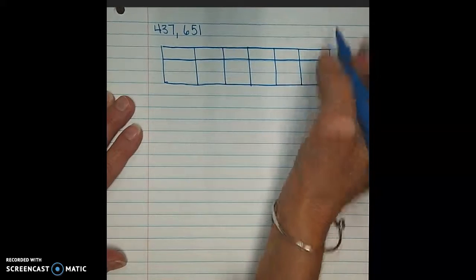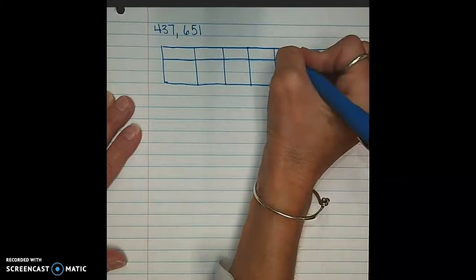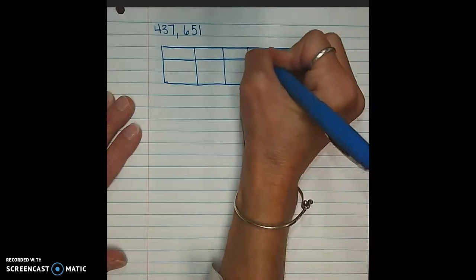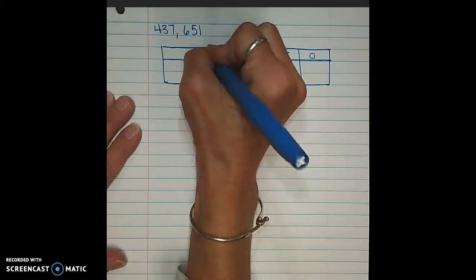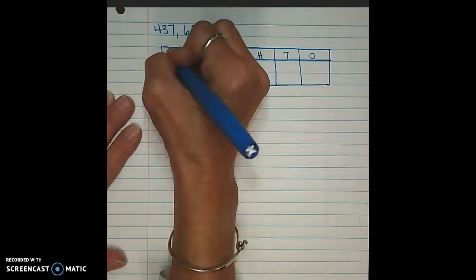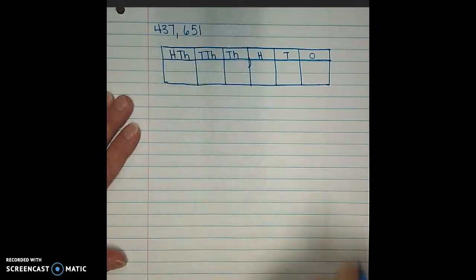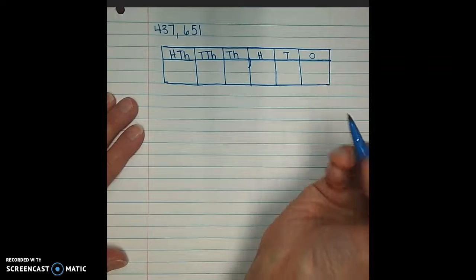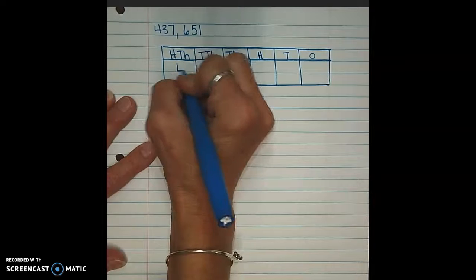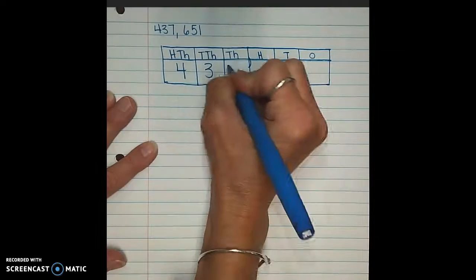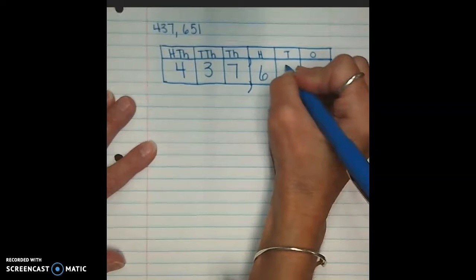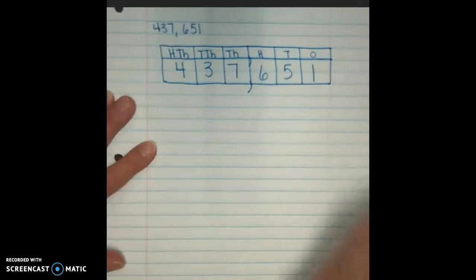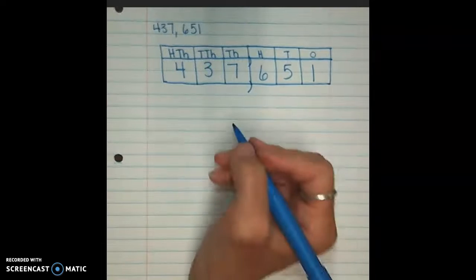I mark my places and then I label them: 1's, 10's, 100's, 1000's, 10,000's, and 100,000's. Then I put my number in the place value chart, 437,651. And then I start writing it just like I say it.